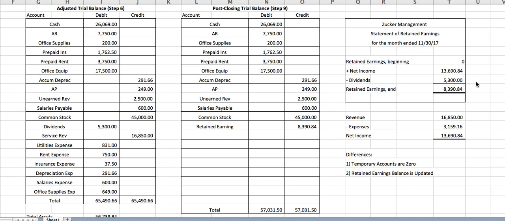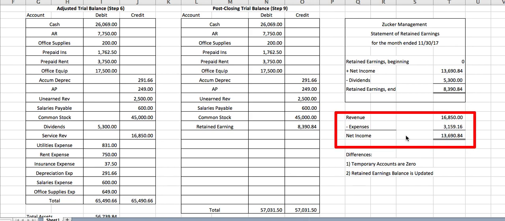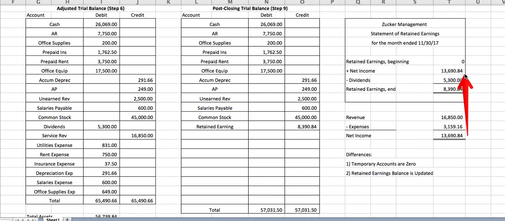It was zero. Then we added in our net income. Well, we determined our net income by taking our revenues minus expenses, and we arrived at our net income of $13,690.84.